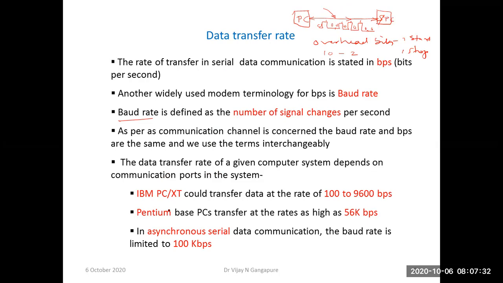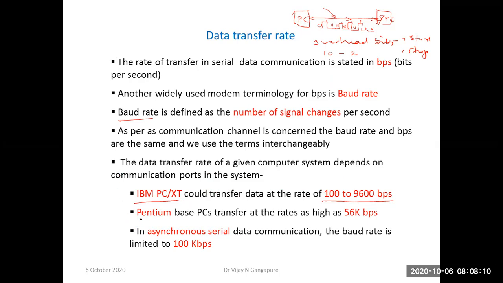In case of IBM PC XT, which is outdated now, it could transfer data at the rate of 100 to 9600 bps. So the possible rate is between 100 and 9600 bits per second, maximum 9600 bits per second, if this PC is an IBM PC XT.